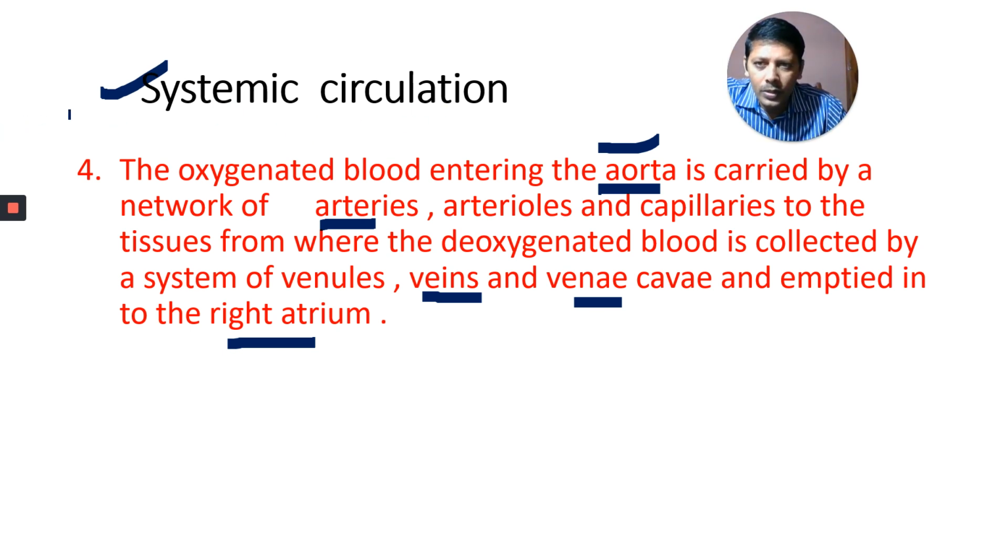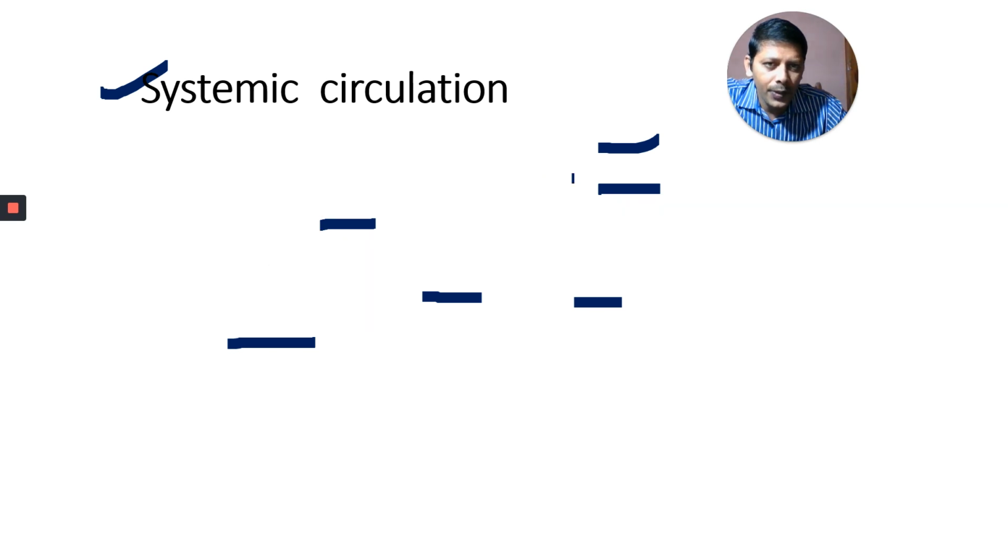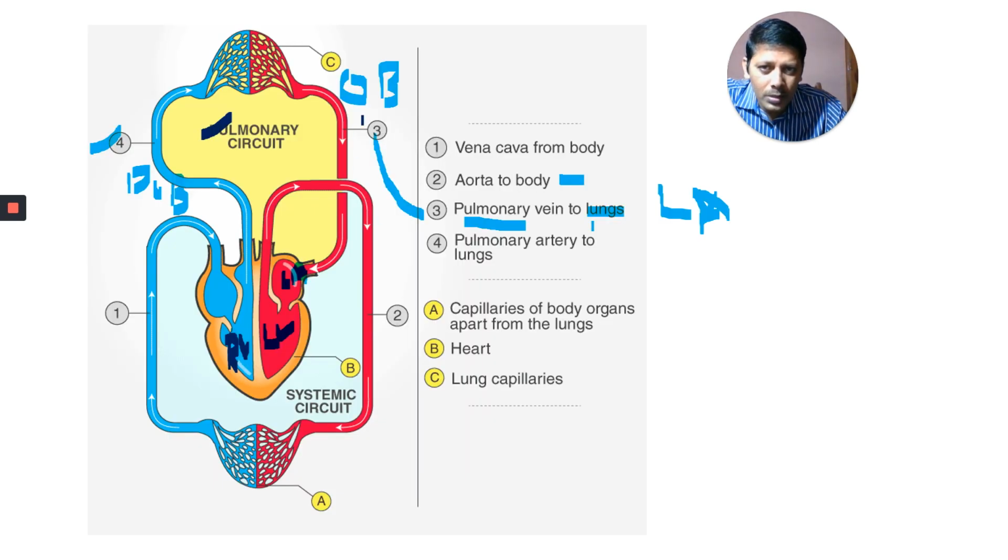I will show you this one. Oxygenated blood enters here: from the left ventricle the blood enters the aorta. This is the second circulation. From the left ventricle the blood comes to the aorta in this way.